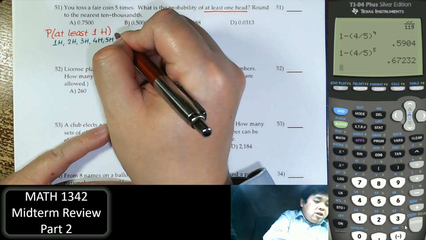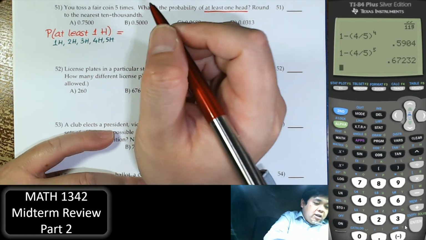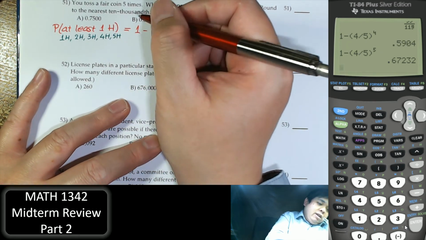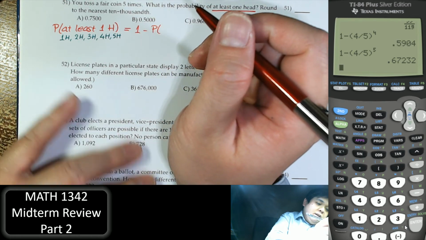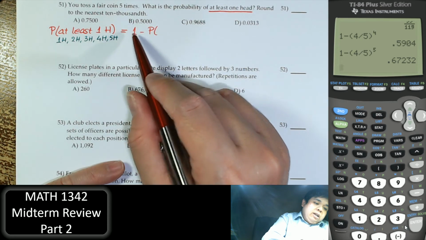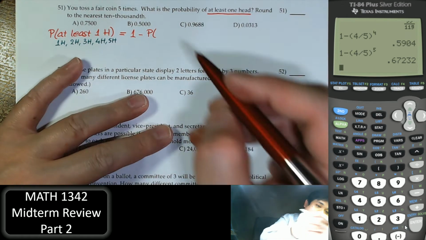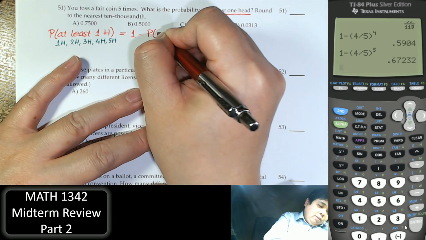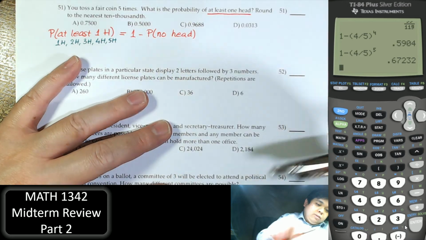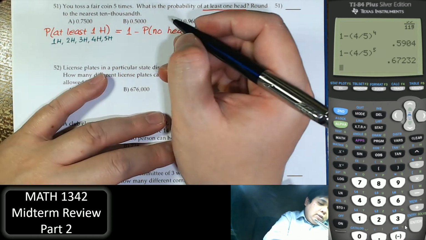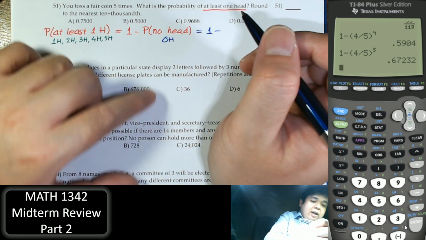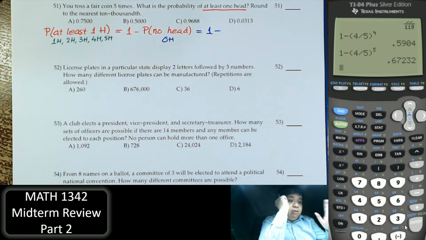Right, because that is at least one, and so it's up to 5 times that we toss a coin. So it would be 1 minus the probability of getting 0 heads, the probability of getting no head out of 5 times.